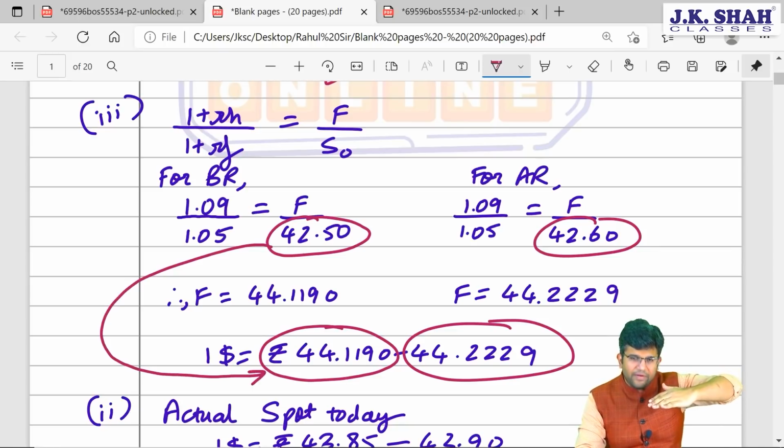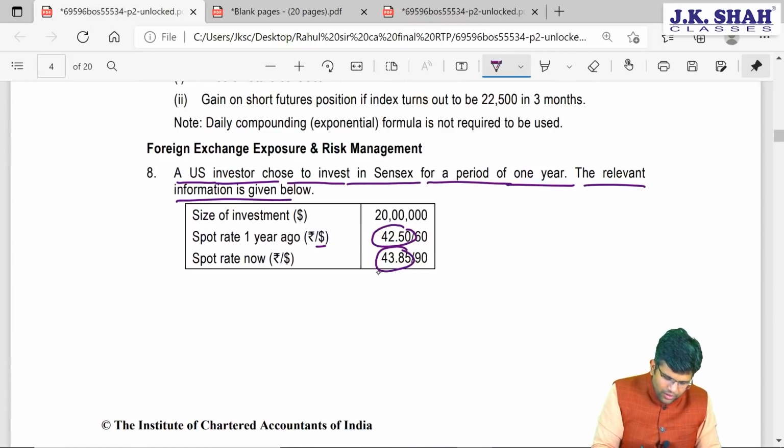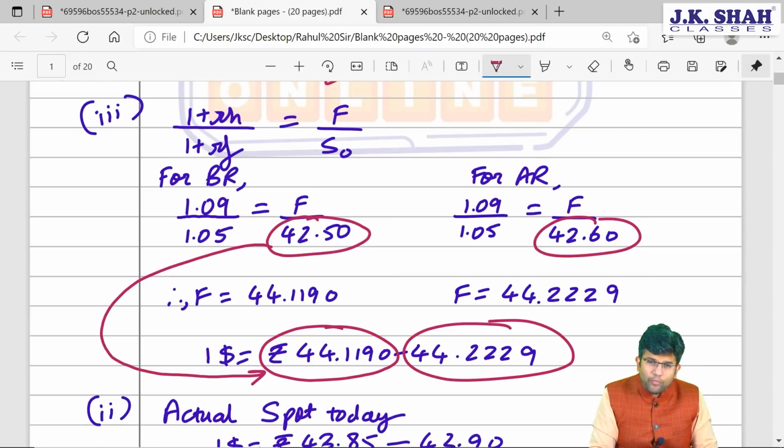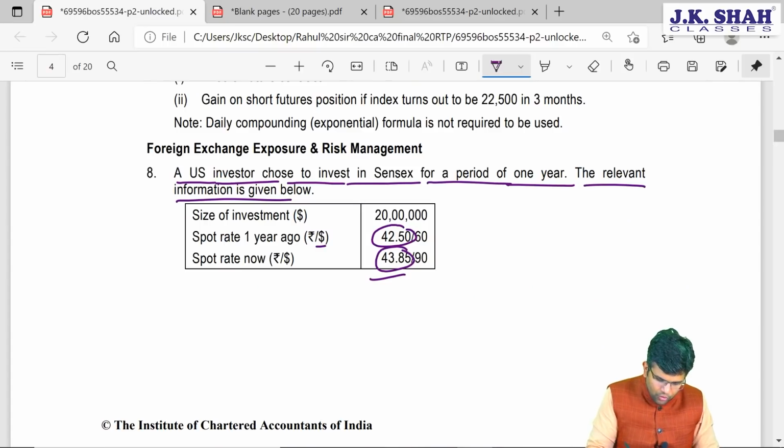From 42.5, it should have gone to 44.11, but here it is going only till 43.85. Similarly, if you check for the ask rate, from 42.6, according to PPPT, it should have gone to 44.2229, but it is going only to 43.9.